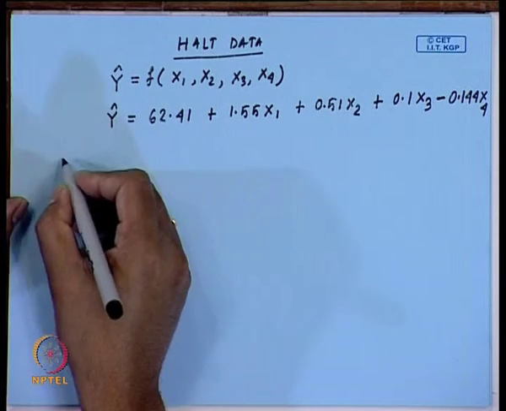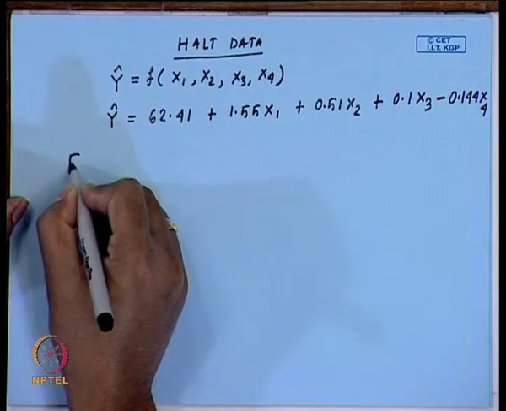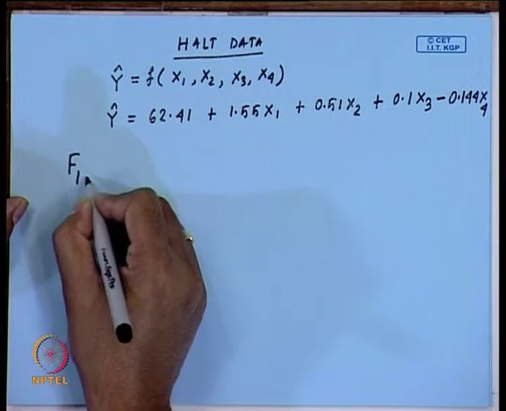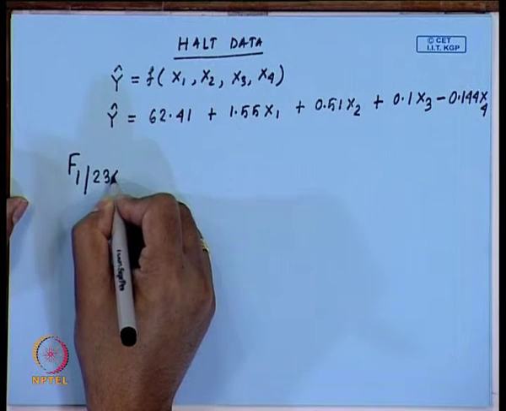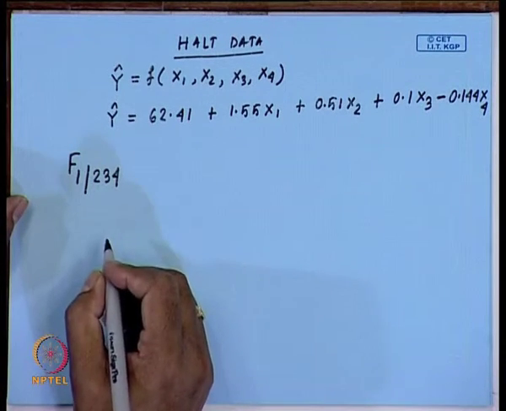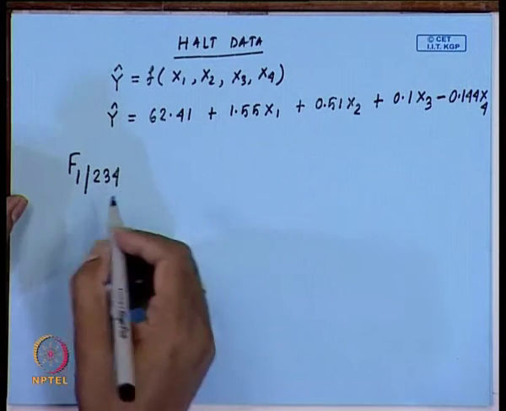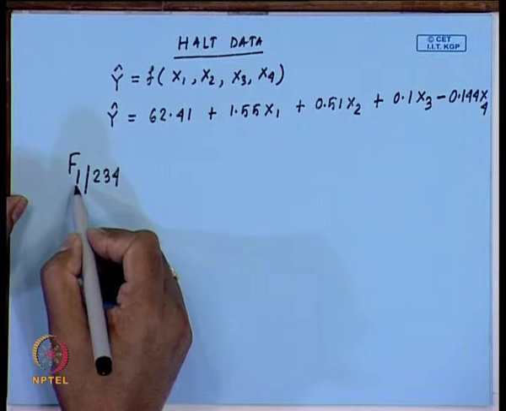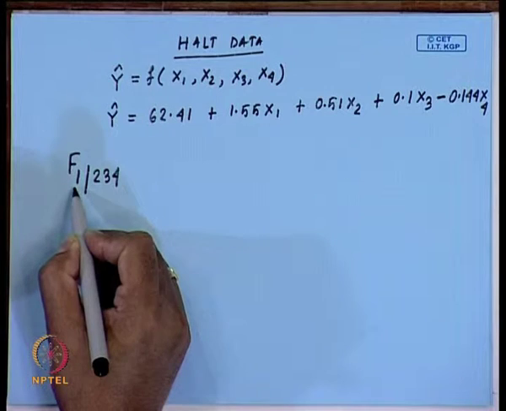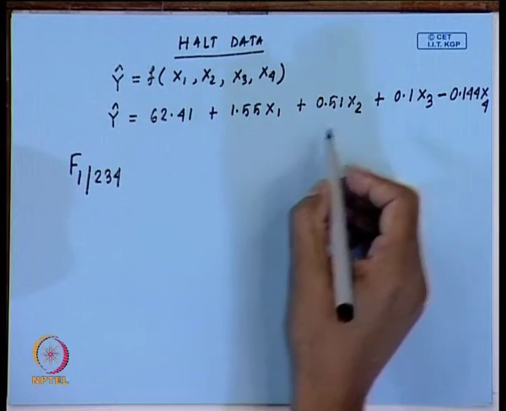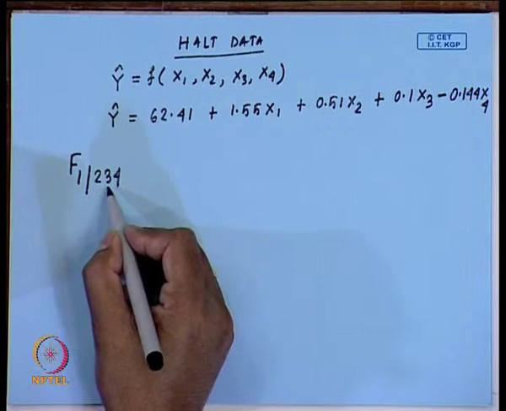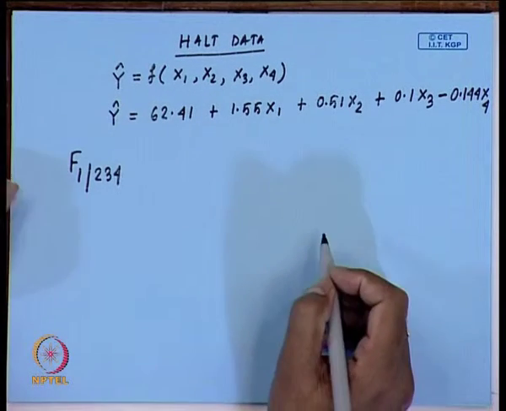So, this is the notation F 1 given 2, 3, 4. This is called the partial f statistic associated with the regressor x1 in the presence of x2, x3, x4.